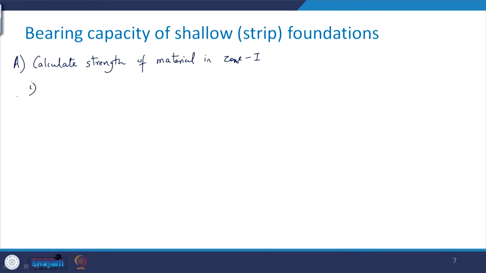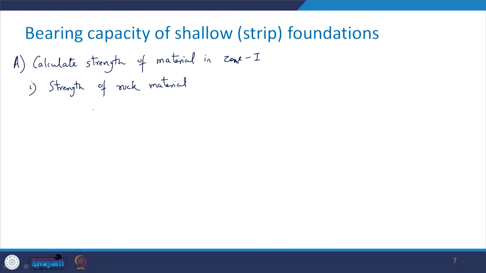Now, the first one is going to be the strength of the rock material, because it is the rock mass. So, rock material and the discontinuity both will come into picture. So, first we deal with the strength of the rock material.